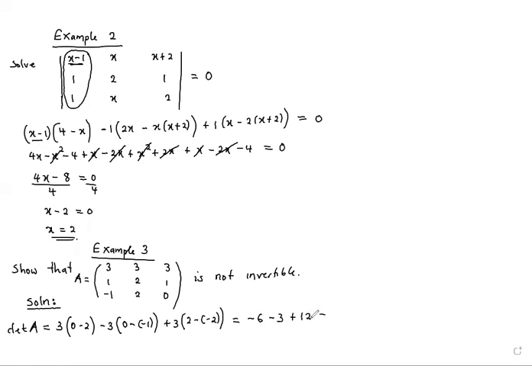Wait, altogether we have -9 plus 12, which is equal to 3. So you say hence A is invertible.